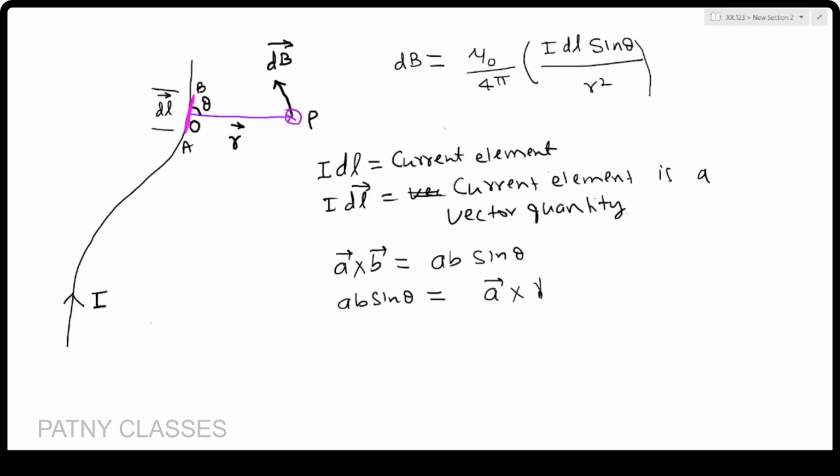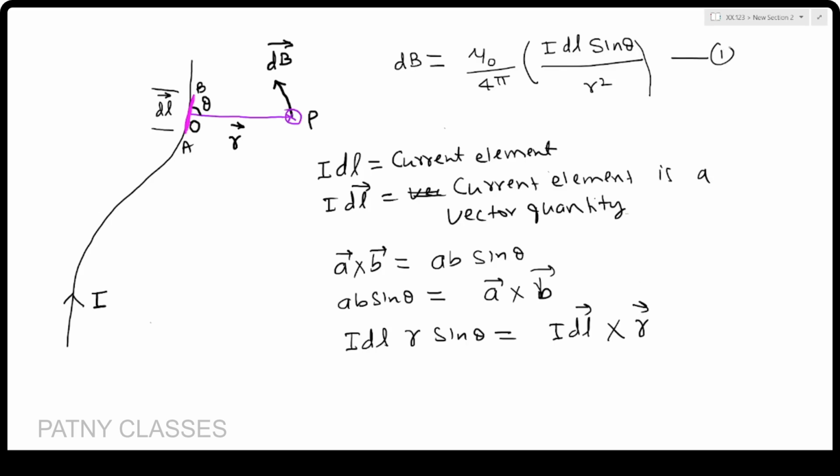Vector A cross vector B. Suppose you are given I dl r sin theta. How will you write it? You will write I dl cross r. I dl is already a vector quantity, and r is also a vector quantity because I told you that OP is a vector. So here I can write vector r.